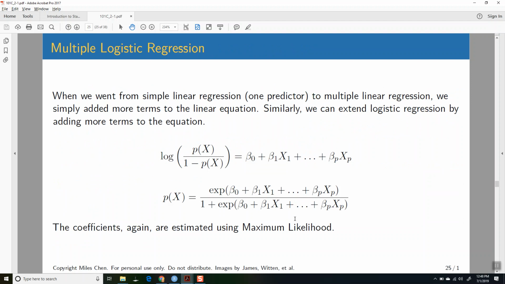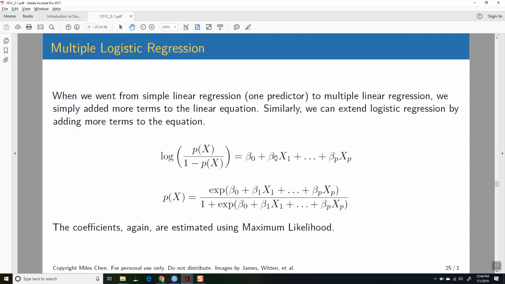Okay, we can do multiple logistic regression. And just like for linear regression, where we went from using just one predictor and expanded it by adding more terms to the linear equation, we can do the same thing for logistic regression.